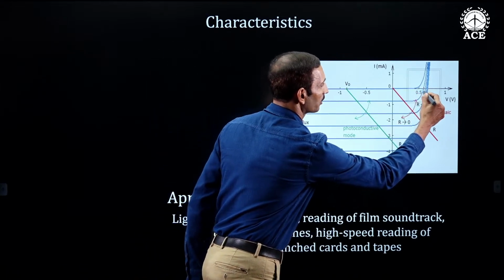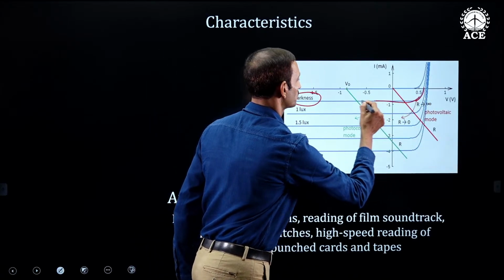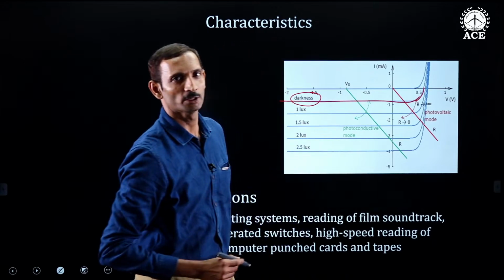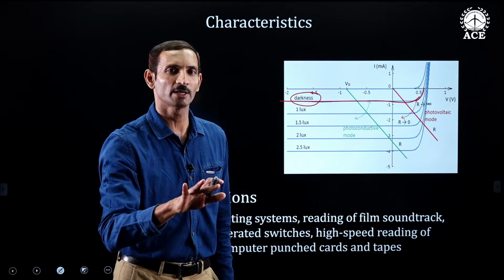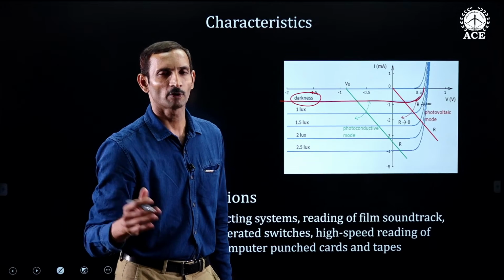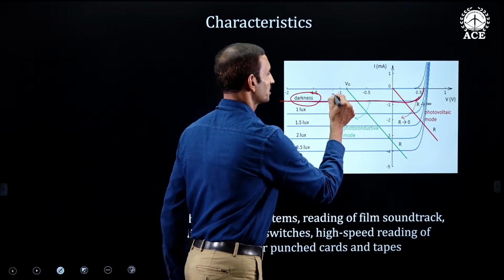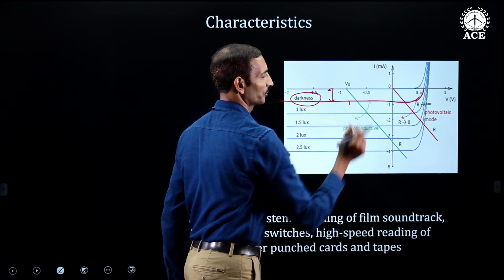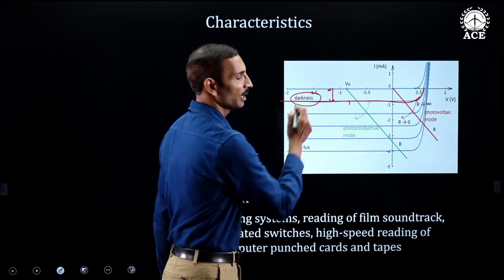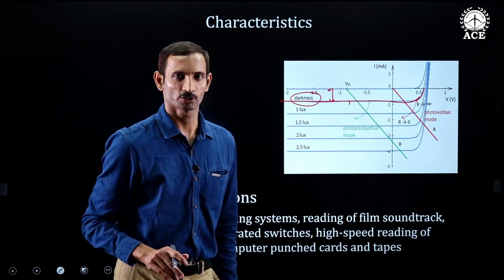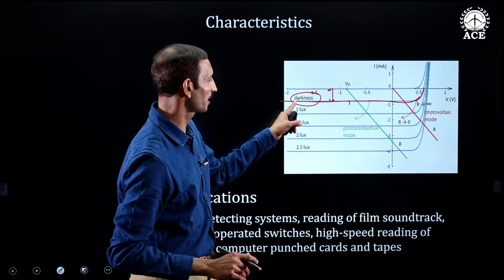This is in the third quadrant, right? So as you increase voltage, the current is going to increase up to a particular value and remains the same. That is what we call the saturation value. So this is under no light conditions, dark conditions. That's why the current is less.